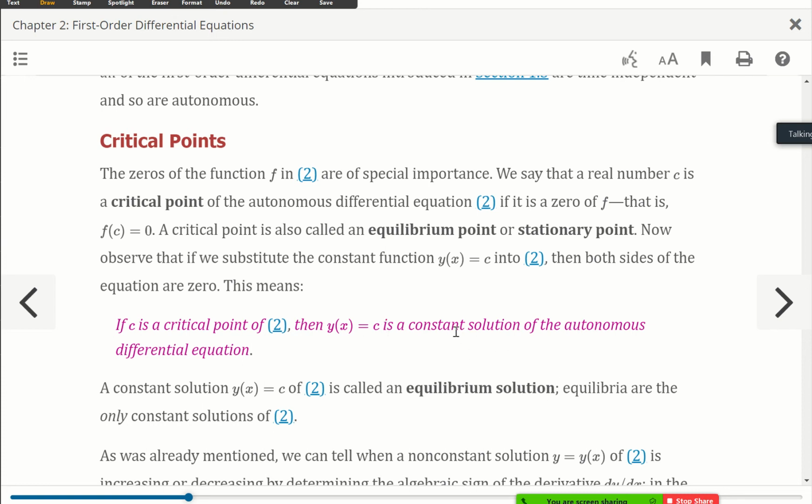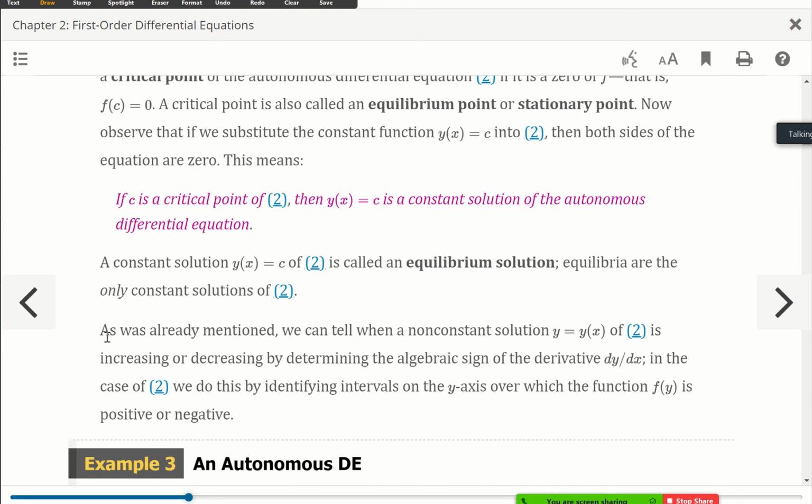Those are simply going to be given by the critical points of the function f of p, or in this case f of y. A constant solution y of x equals c is called an equilibrium solution, and equilibria are the only constant solutions of 2. So if a solution is going to be constant, it's going to be one of these equilibrium ones, and those are the only constant solutions.